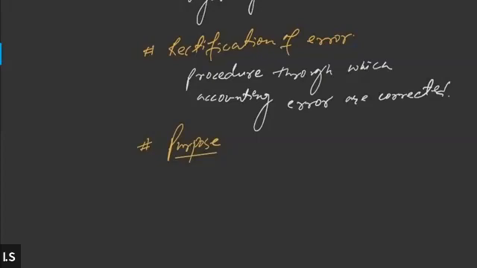If you have committed some error while recording any value or any accounting transaction, you won't be able to prepare the correct accounts. So if you want to prepare correct books of account, then you should rectify the errors. Unless and until errors are rectified, the books of account that you are preparing won't give you the correct information about the business.